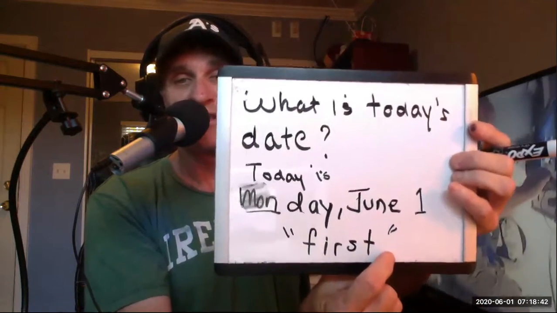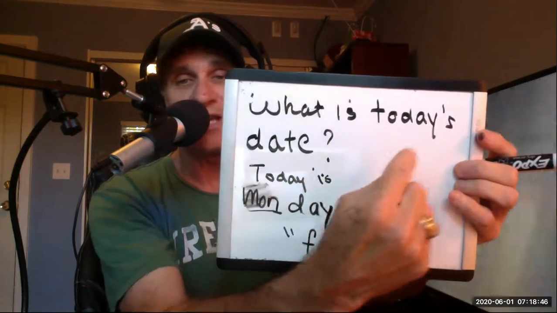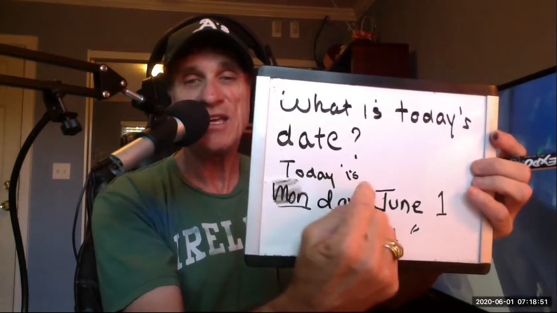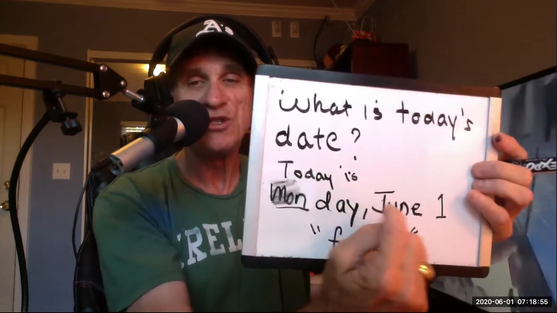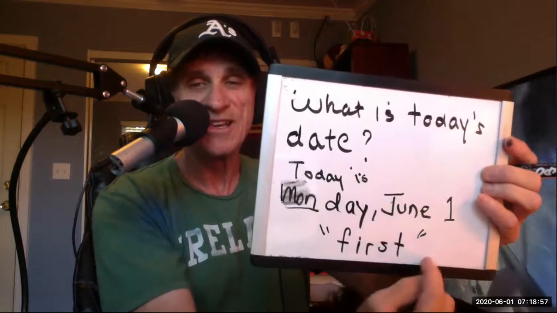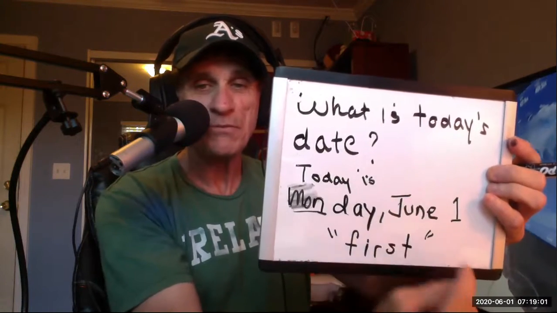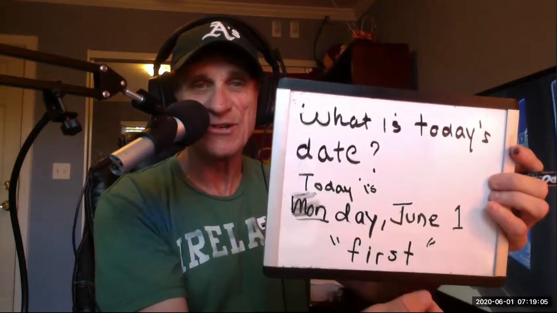So, Leo, what is today's date? Today is Monday, June 1st. Okay? June number 1 or June 1st. Okie dokie. All right.